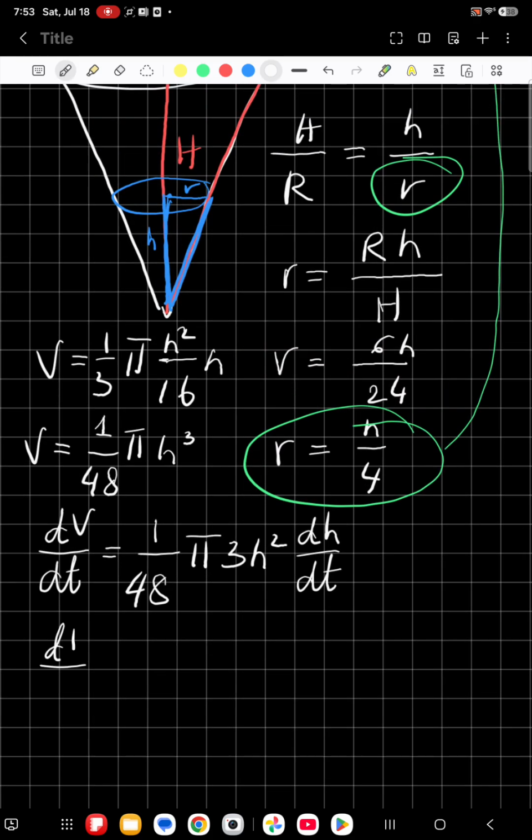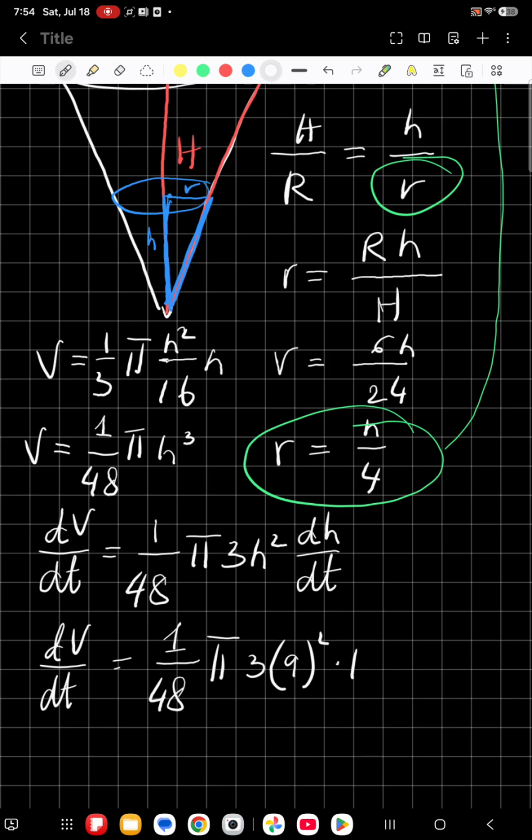So we have dV dt equals one over 48 pi. Now I have 3 times 9 squared. And then dh dt was, I believe, 15. So I don't need this part.